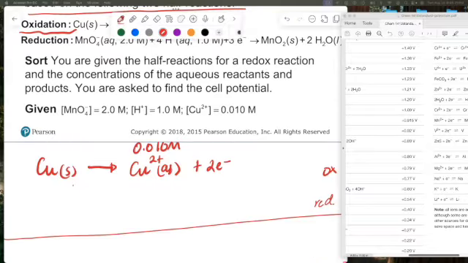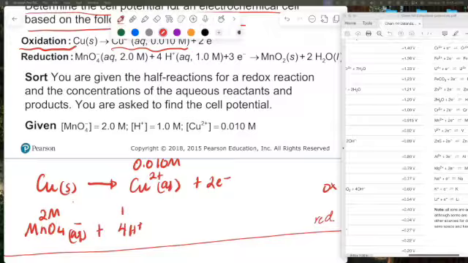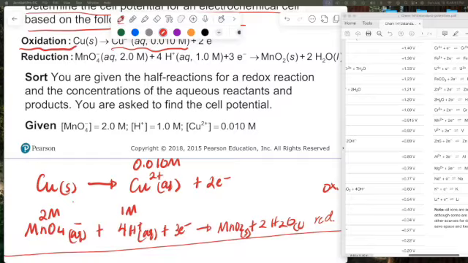Then on the other side, we have manganate, MnO4 minus aqueous, and the molarity here is 2 molar, plus 4H plus, the molarity here is 1 molar and this is aqueous, plus 3 electrons to give us MnO2 plus 2 waters. The water is a liquid, the MnO2 is a solid, so we're going to continue with that. We have oxidation here, we have a reduction.